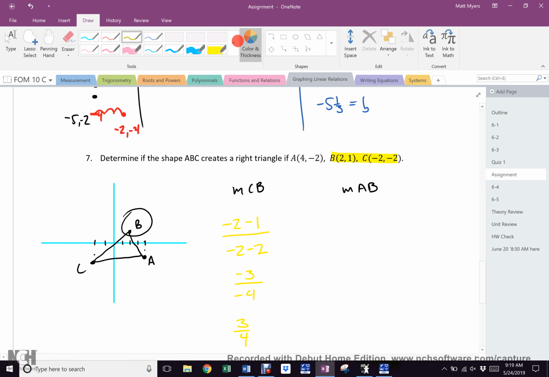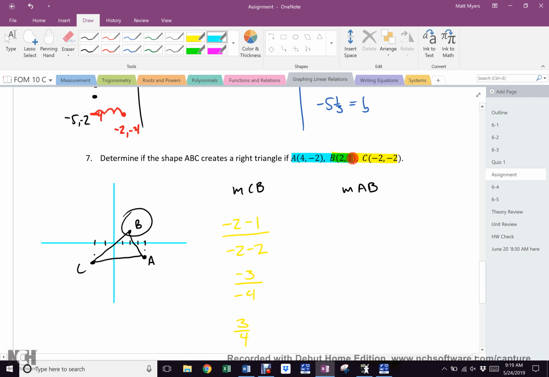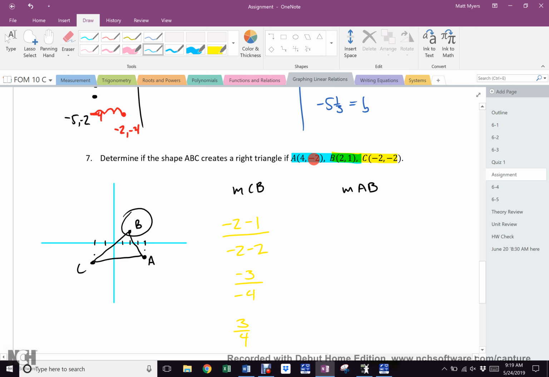So now we have to check these two. And I'll use blue. So let's do what Sam was saying. Let's make this guy x2. Y2, because he's negative. So if he's y2, what's this guy? x2.